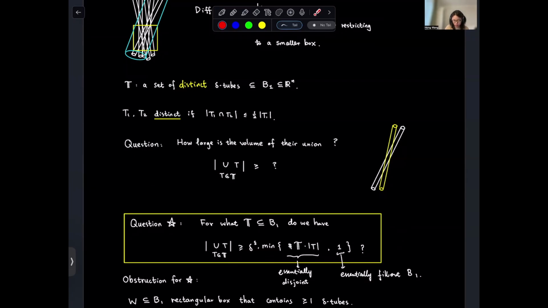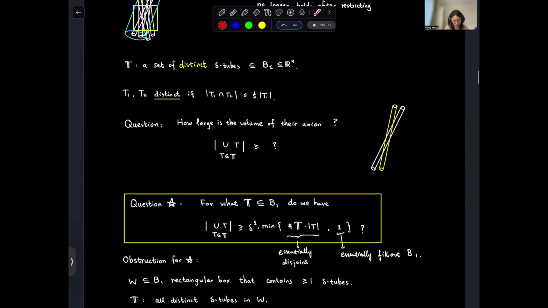It turns out that to study the Kakeya set in R3, one needs to study this more general question, and maybe one can think it's more difficult, as we will see later when we talk about the argument. Sometimes it's not necessarily harder to consider a more difficult problem.